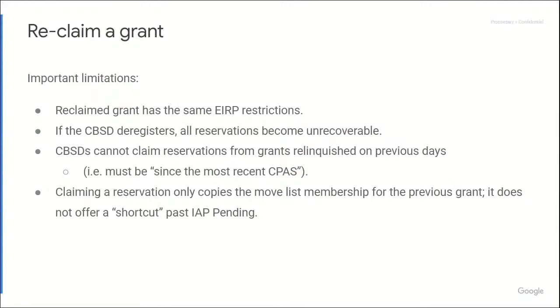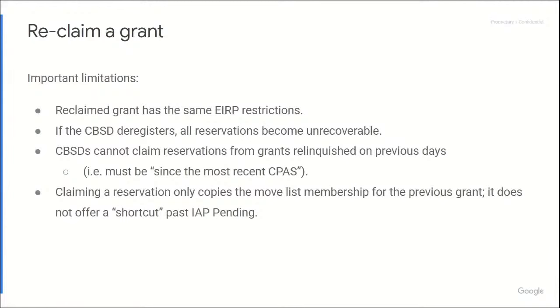Martin asks, it will only get its old grant back after the aircraft carrier is gone. So, Martin, we're talking about two different things here. If an aircraft carrier is present, that activates the DPA. And if your CBSD is on the move list, if it's connected to the move list of that DPA, then the aircraft carrier will have an impact on your operation.